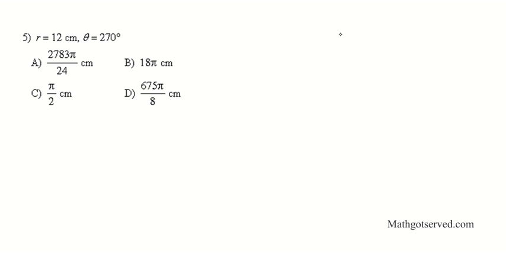S is equal to r theta. The radius is 12 centimeters. And theta needs conversion because it's in degree measure, okay? So let's go ahead and convert that. 270 degrees. We want to change this into radians.